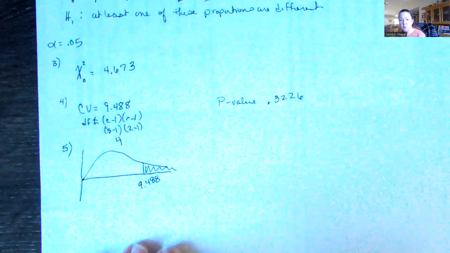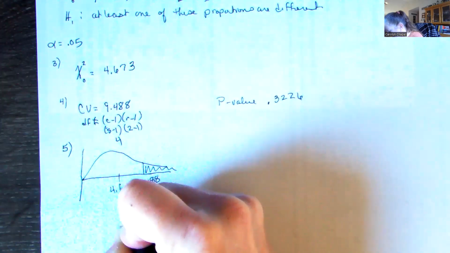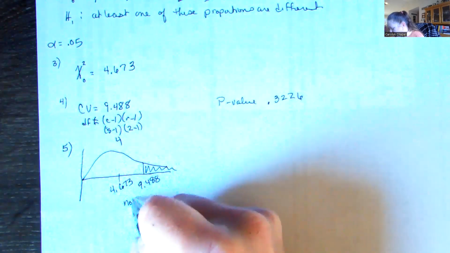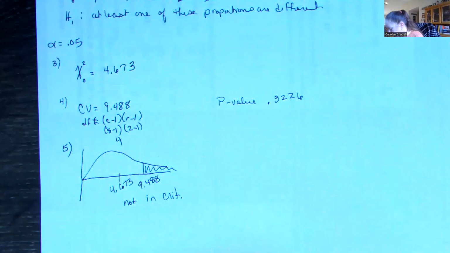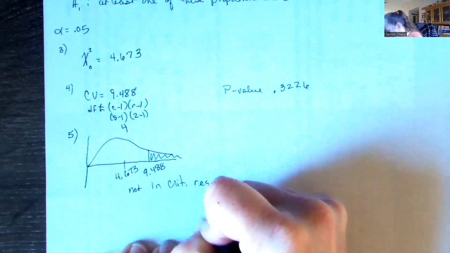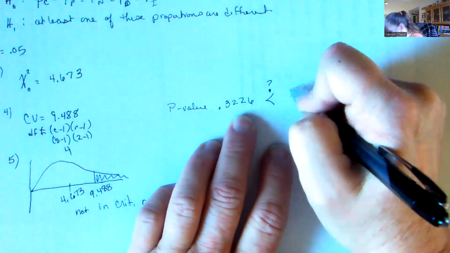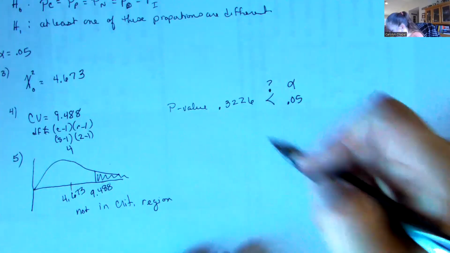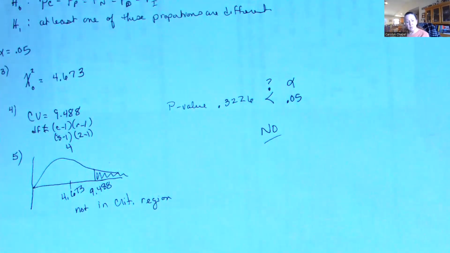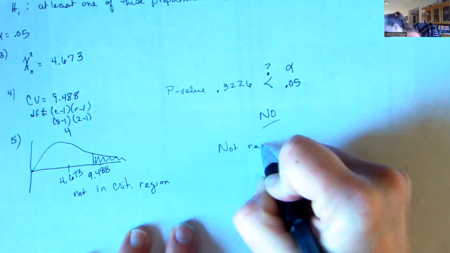And our test value, we want to figure out, where does our test value fall? It is right here. It is not in the critical region. Here we are checking to see, is that p-value smaller than our alpha, which is 0.05 in this particular case? That is also a no. That is not true. So we will not reject.